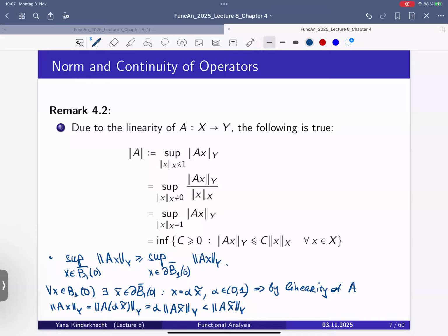Please write something more. Yeah, so from this it follows that the supremum over the whole closed ball of this stuff is actually the supremum over the boundary of this ball.